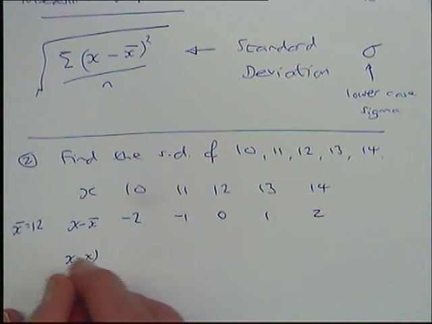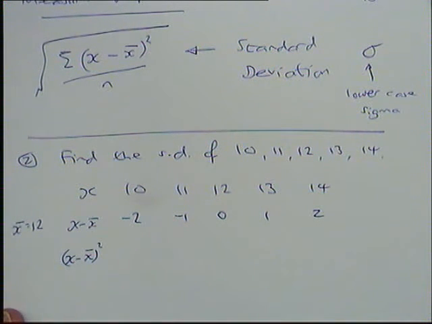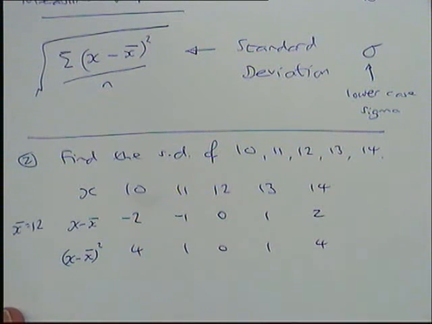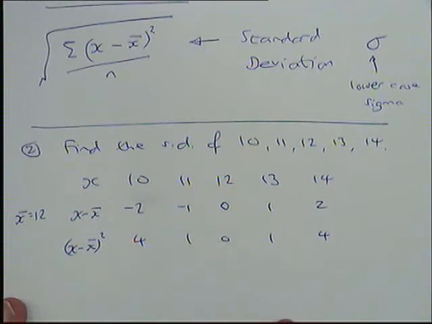So all of those numbers get squared. Emily, what's above the line is just a recap from last lesson. So we square those, then it's a case of adding those up.